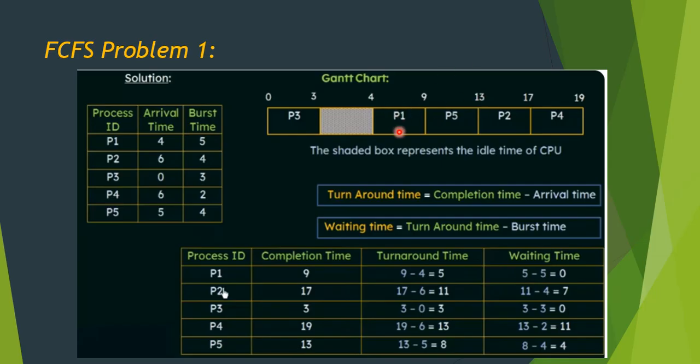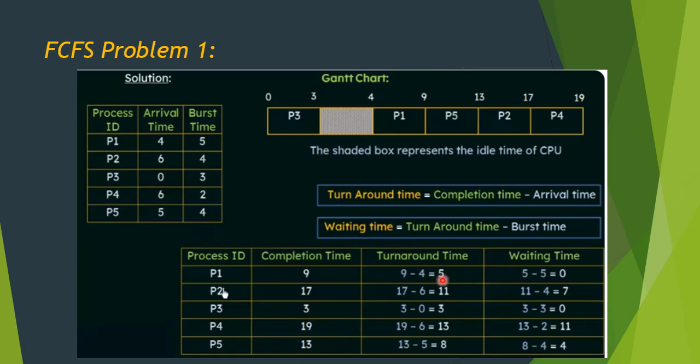By having this Gantt chart, we can just go ahead and have those values put down. And then process 2 completed at 17. We have it here. Process 3, which is this one here, completed at time 3. Process 4, which is here, completed at time 19. And then process 5 completed at time 13. So it's just a matter of copying what you have in the Gantt chart and putting it down.